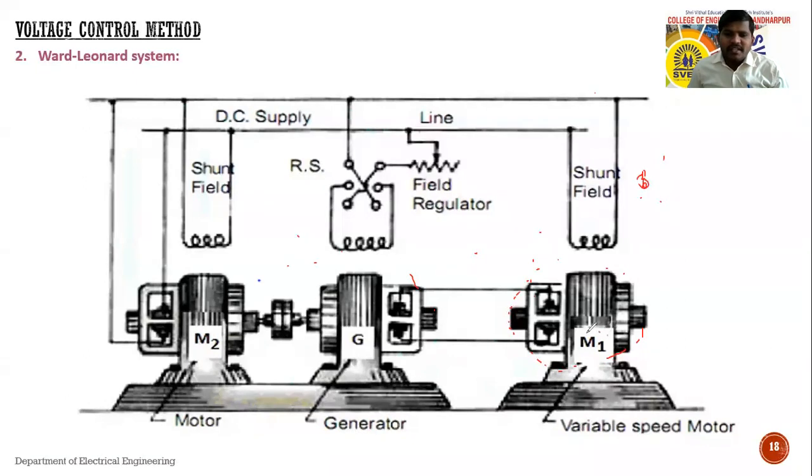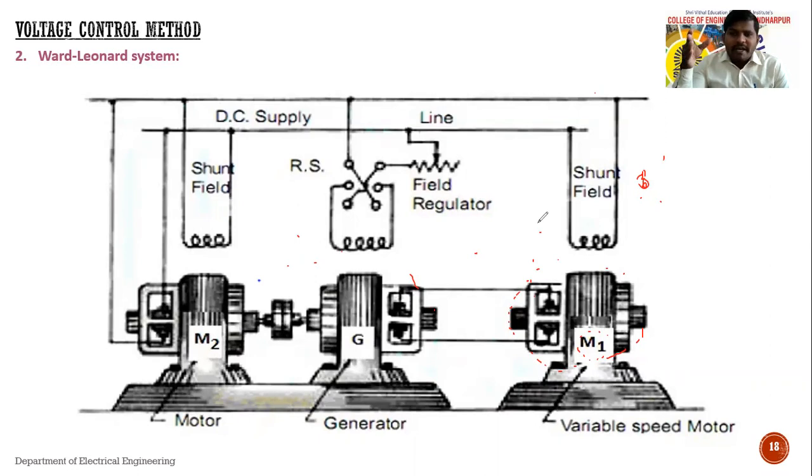This motor is the M1 motor, and I require another two similar machines to use this technique, that is the Ward-Leonard system. बघा लक्षात घ्या, if I want to use the Ward-Leonard system of speed control, I require two identical machines in combination with the motor whose speed we want to control. ज्या मोटरचं स्पीड कंट्रोल करायचं आहे ती मोटर plus another two identical machines will be required.